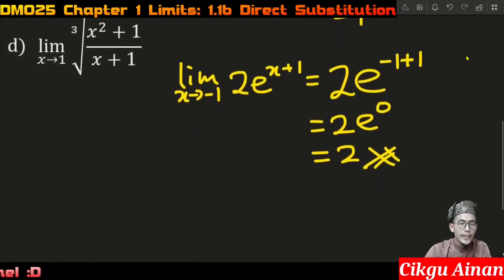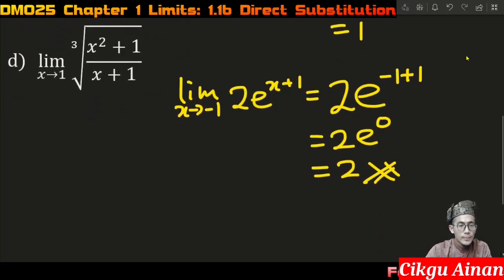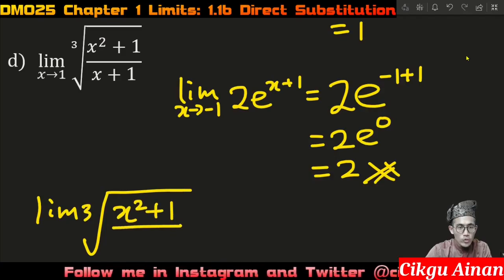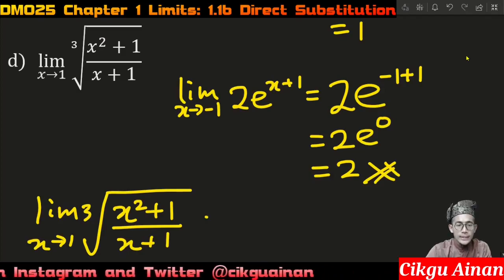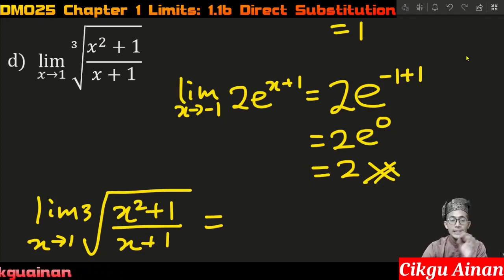And last but not least, this one. Maybe I copy this one first. The limit of a cube root, sorry, of x squared plus 1 over x plus 1 as x approaches 1. This one, by using the property of limits, we can find the limit inside the cube root.